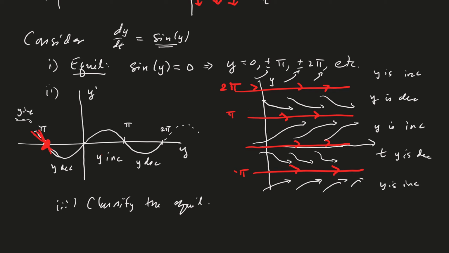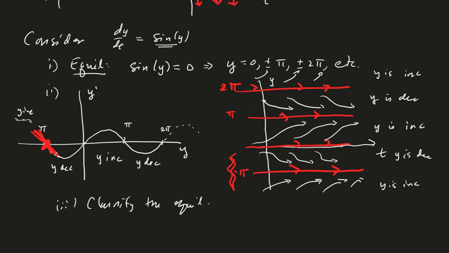If we have a negative slope crossing, that means we're going to have a situation like this in the direction field, and that means our equilibrium is attracting, or I guess I didn't use that word before. It's either stable or a sink.